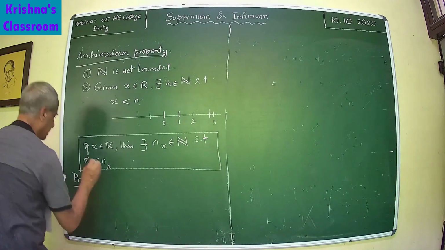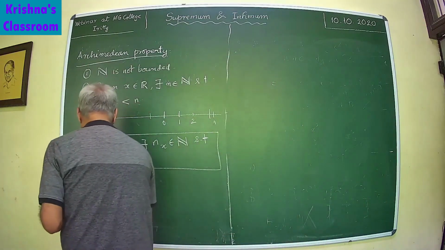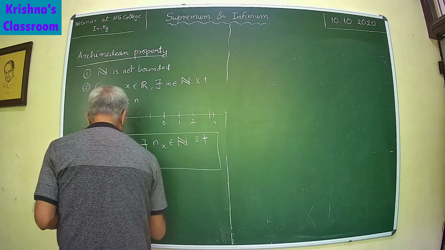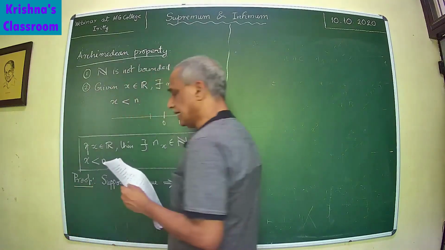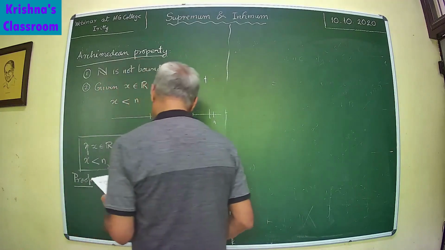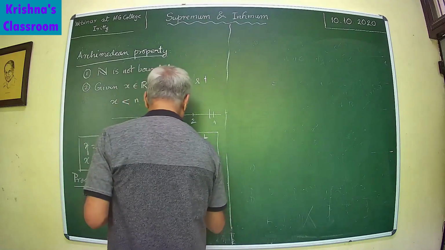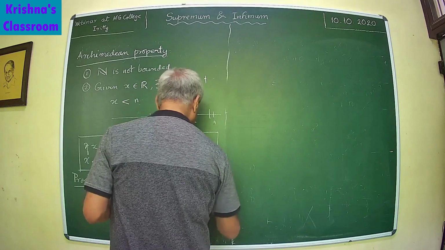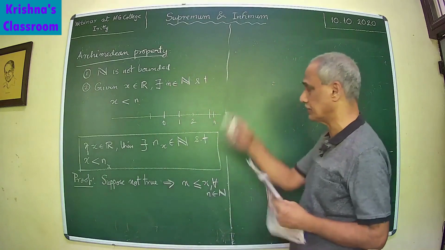Again, a contrapositive argument. What we assume is that this is not true. Let's suppose. What is the implication of that? The implication of that is, what does it say? This implies n is less than or equal to x for every n belonging to N. That's the negation of the other statement.